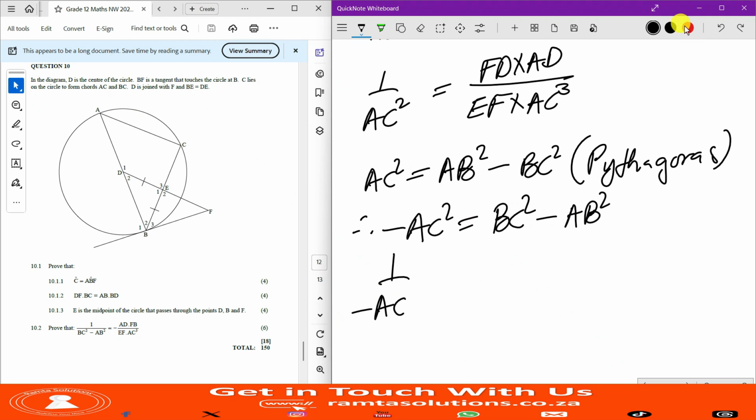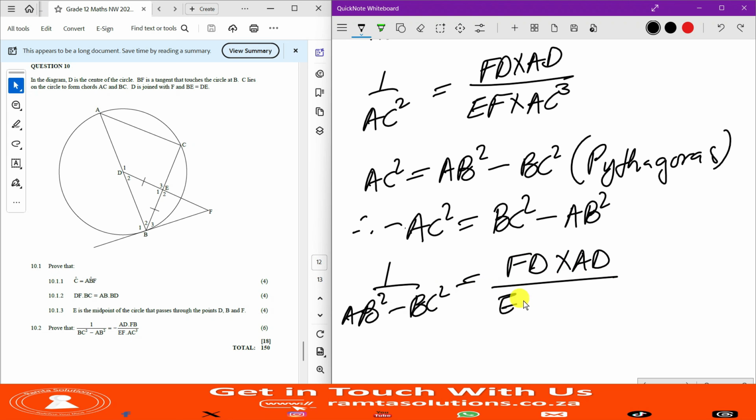Because it's AC squared, let me just write it like that. Maybe let me substitute it like that. And then I'm going to say, so we have 1 over BC squared, no, 1 over AB squared, hold on for now, 1 over AB squared minus BC squared equals FD times AD all over EF times AC cubed.